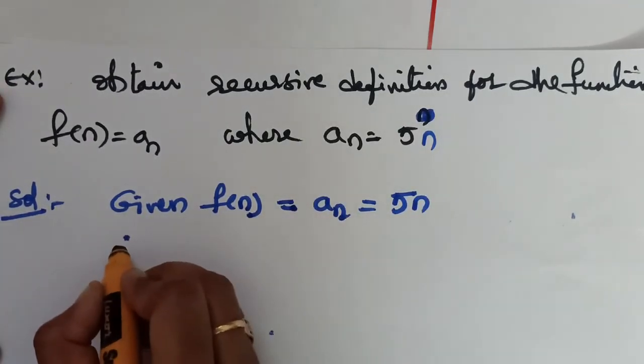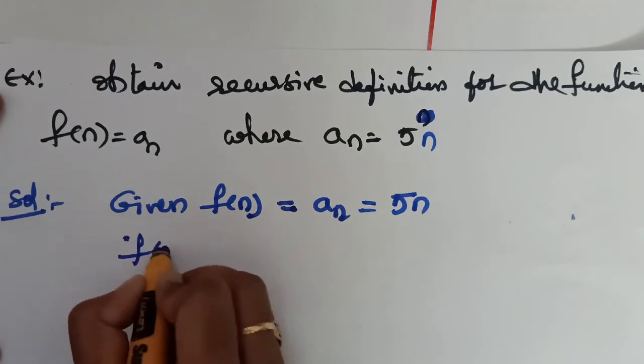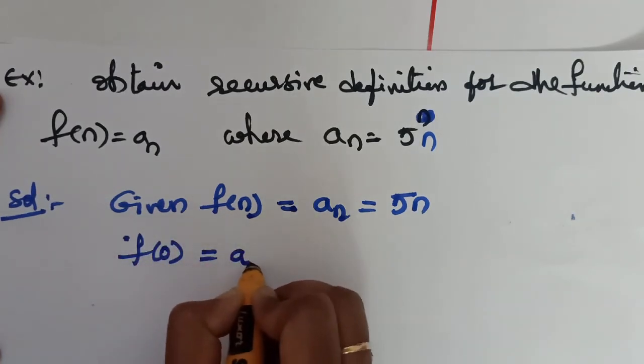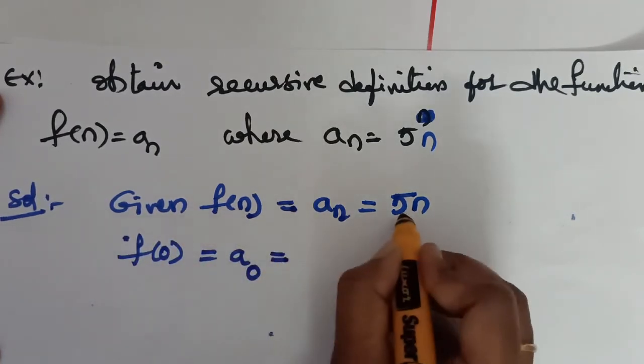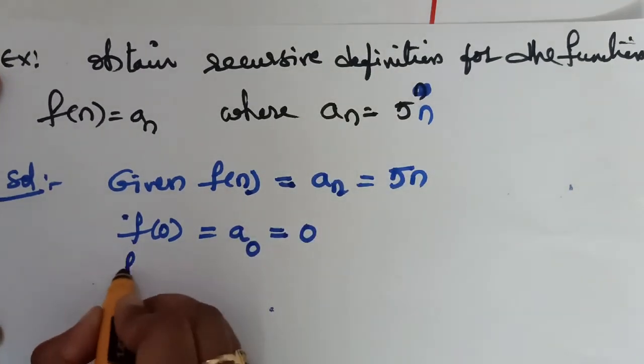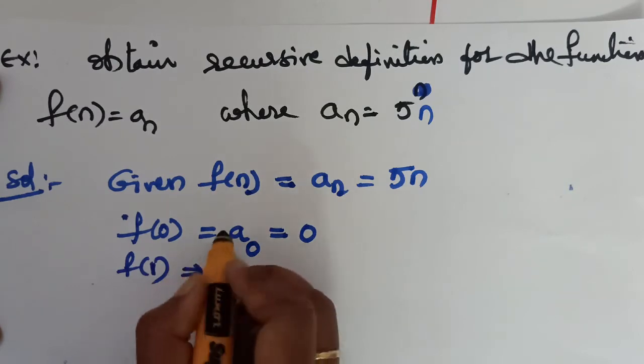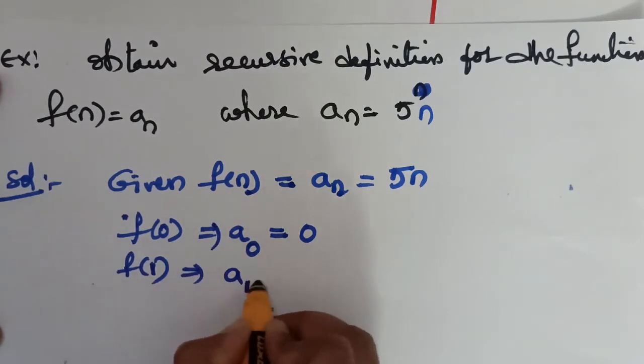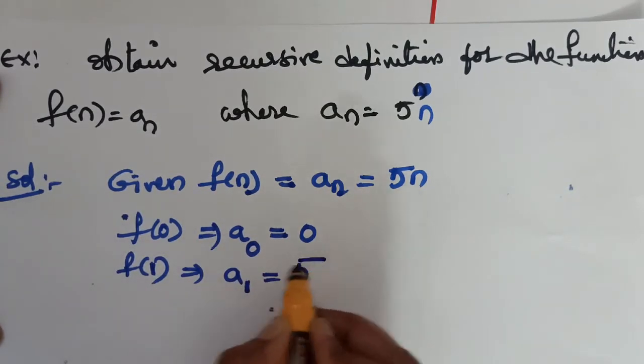So when n is equal to 0, you get f of 0, which is equal to a naught, that is equal to 5 into 0, which is 0. F of 1 implies a1, a1 is equal to 5.